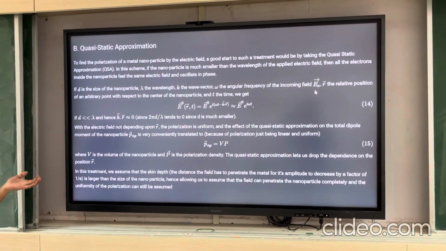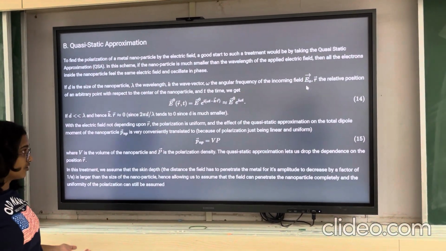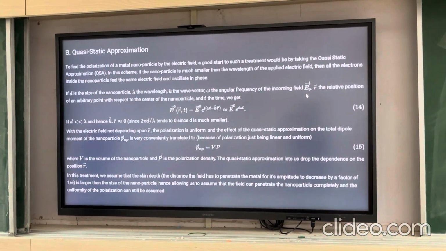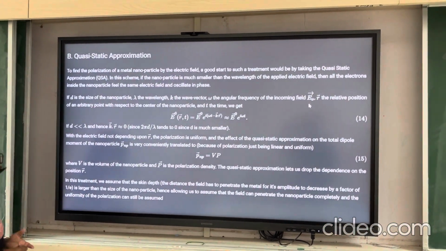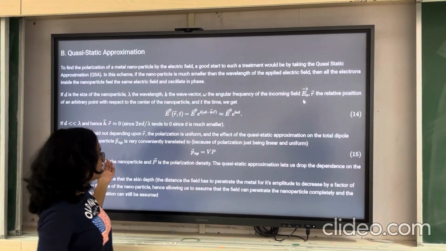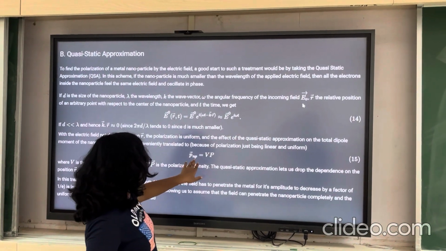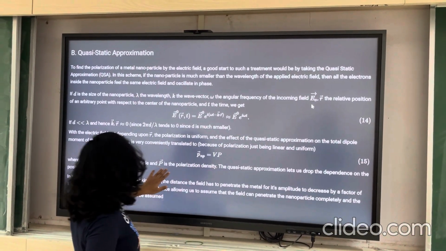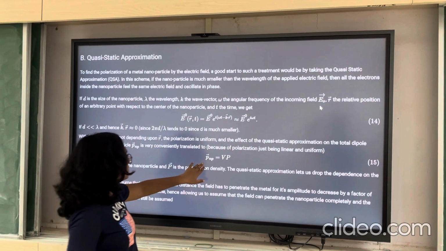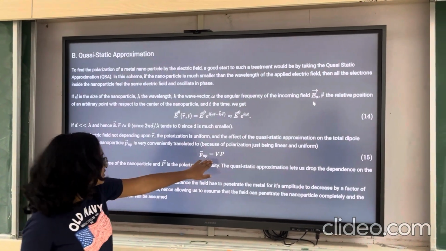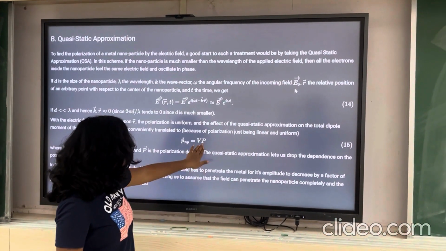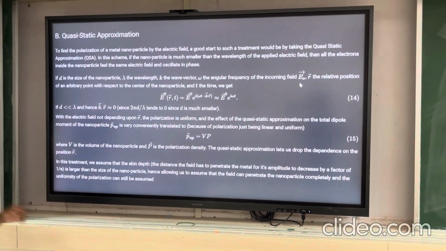With the electric field not depending on r, the polarization now becomes uniform, and the effect of the quasi-static approximation on the total dipole moment is very conveniently translated to P_NP equals V p, where P_NP is the dipole moment of the nanoparticle, V is the volume of the nanoparticle, and p is the polarization density.